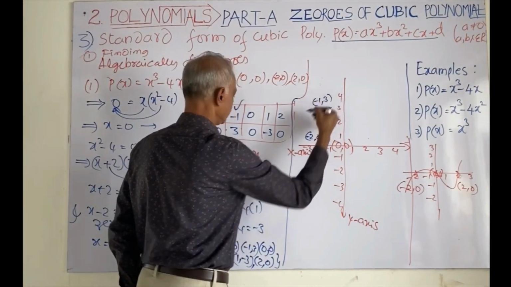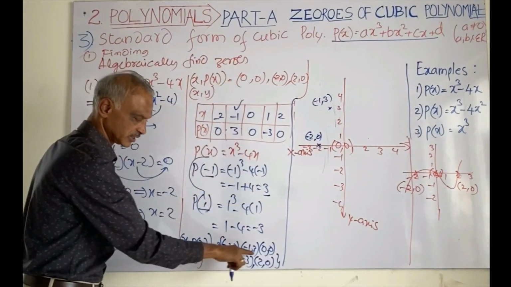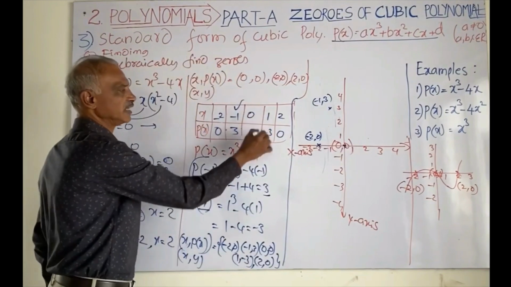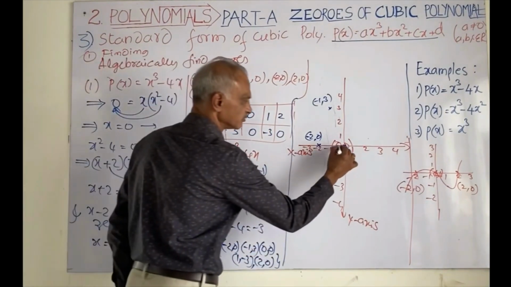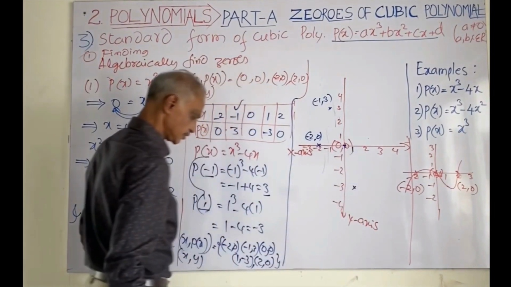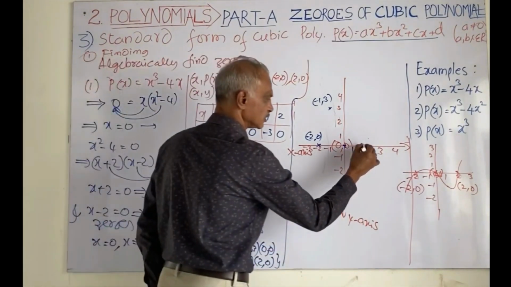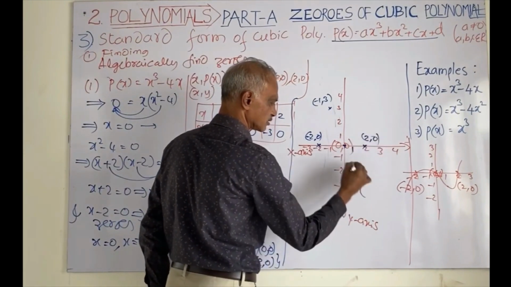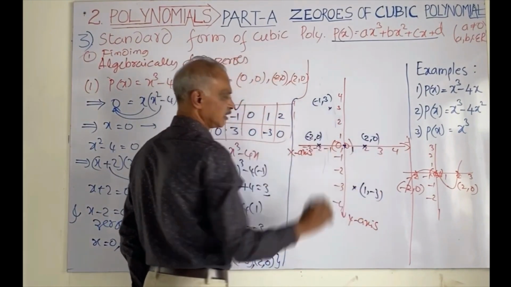Where is 0, 0? This will be 0, 0. Where is 1, minus 3? 1 is here, minus 3 will be here. Next, where is 2, 0? This is 2, 0. This is 1, minus 3.